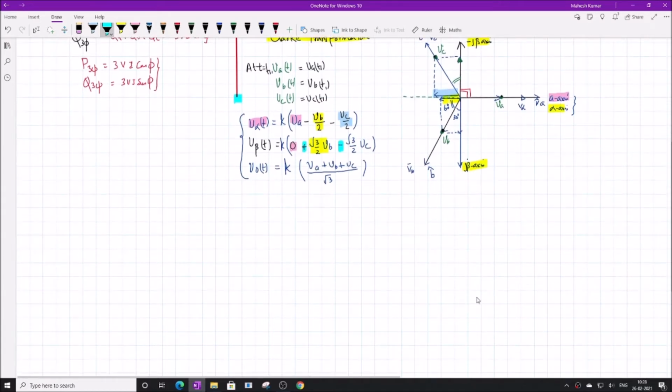Alright, now once we know this, we also define another component called the zero sequence component. The zero sequence component concept comes from the symmetrical component. Those who have studied power systems or a basic electric course would have also studied the symmetrical component.